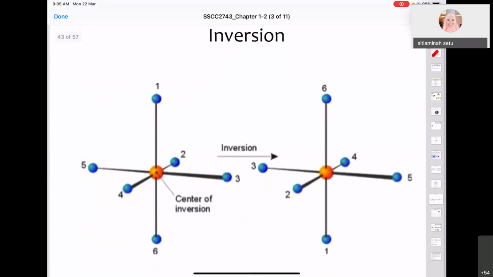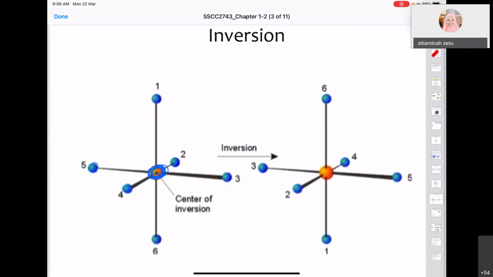Okay, for example, this one. Okay, kalau kita ada this molecule ada center, this atom at the center, kemudian ada atom at the terminal. Okay, ada 1, 2, 3, 4, 5, 6. Okay, so how the inversion symmetry operation occur?